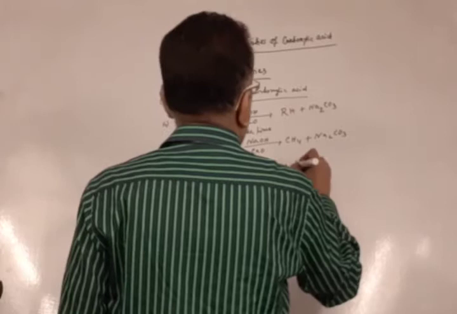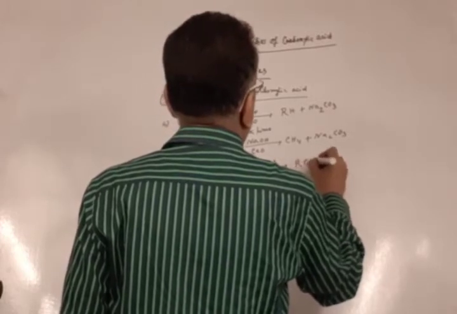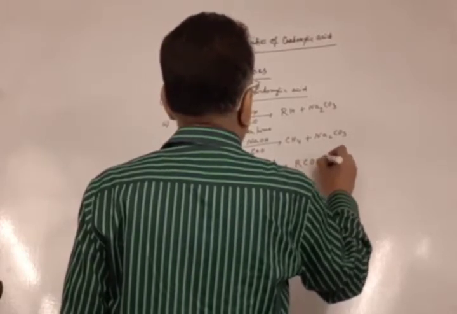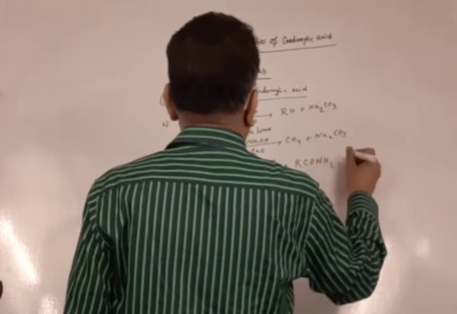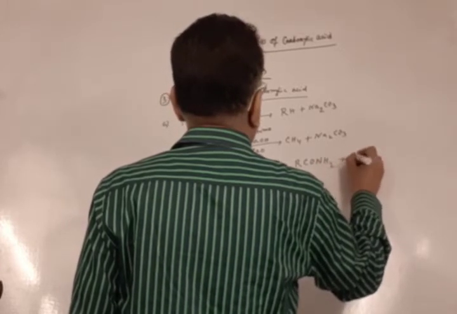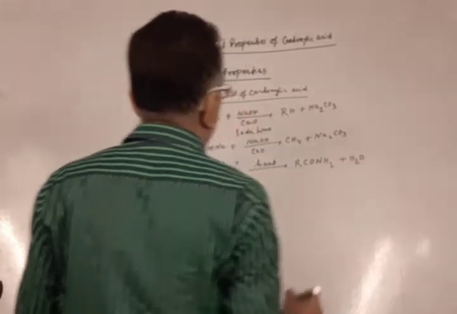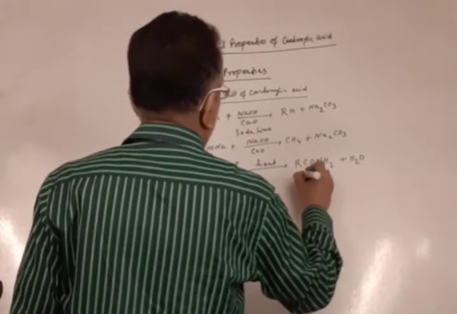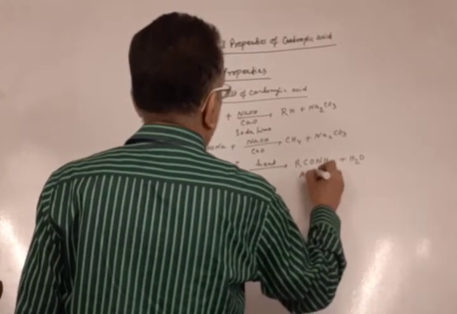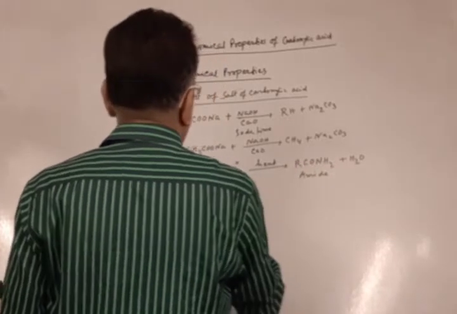We are getting RCONH2 plus water. So the corresponding amide is formed, and this is the ammonium salt.